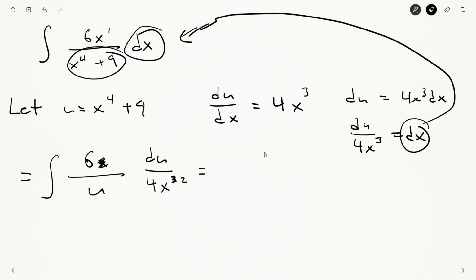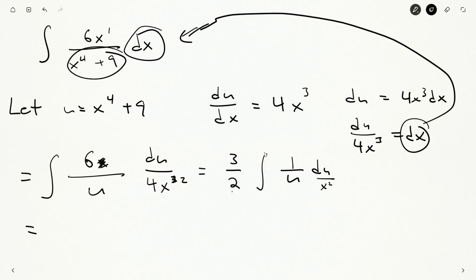And I can take the 6 over 4 out. And I'll be left with 1 over u du over x squared. And we might conveniently just forget to put that on there. One thing we can do is at least simplify 6 and 4. They both have a factor of 2, so I'm just going to make it 3 halves.